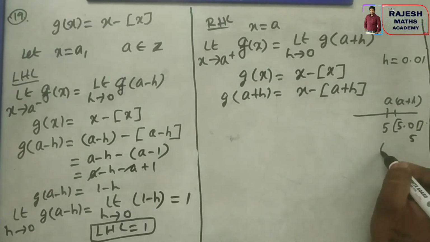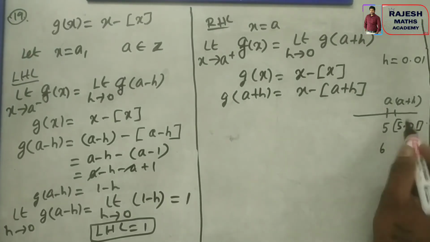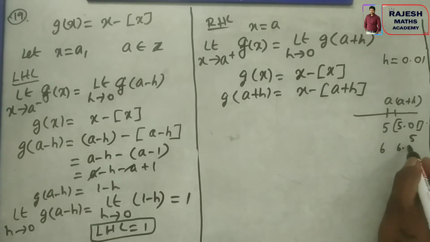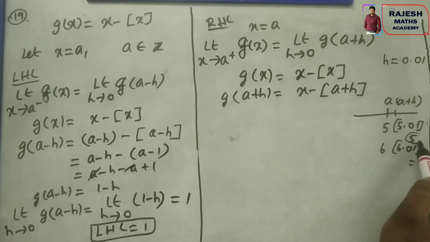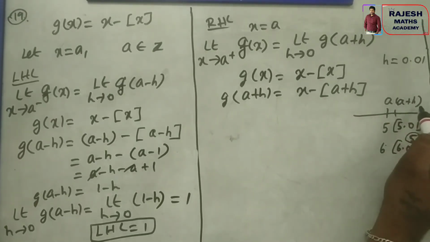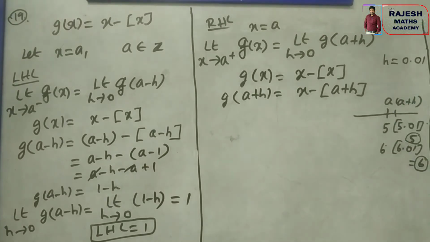Suppose I take a equal to 6, my a plus h will be 6.01, whose greatest integer value is 6. So in all cases, the greatest integer of a plus h is equal to a.